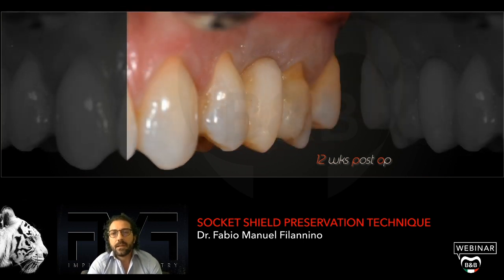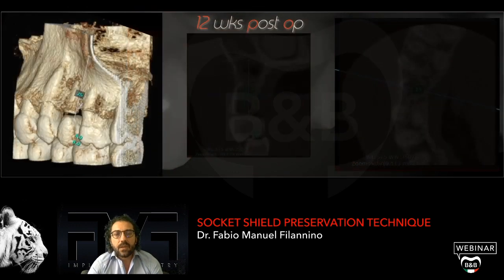We can see that buccally the profile is perfect, like it was at time zero. So after 12 weeks, on the CBCT, the three-dimensional aspect of the bone was perfect.